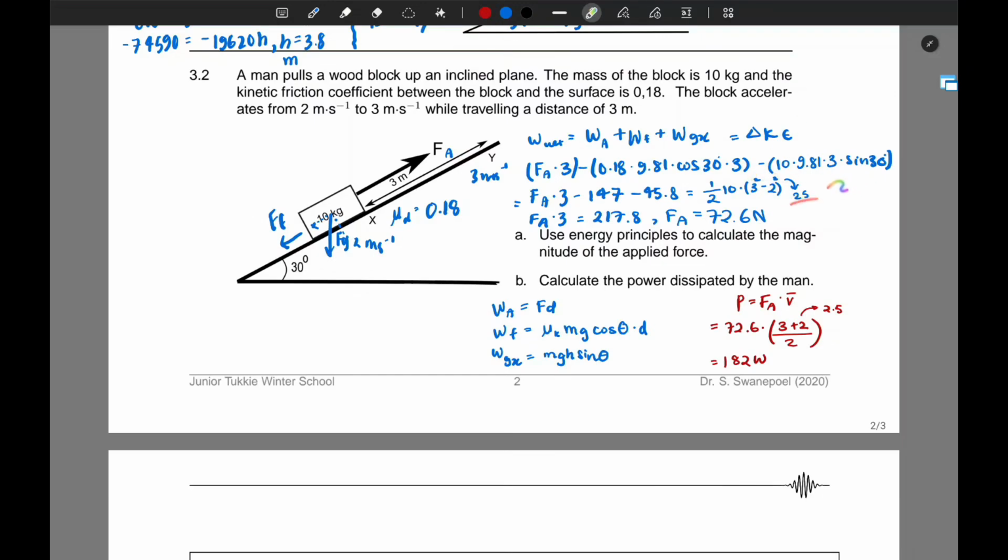This will give us 25, and then we can continue on simplifying as they're just constants now, and we will get the force applied is 72.6 newtons.